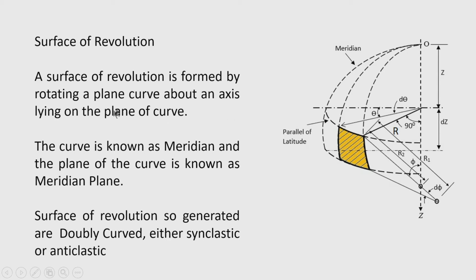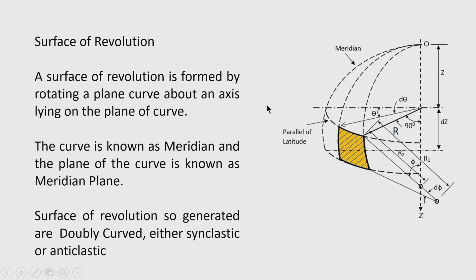The curve that is rotated is known as the meridian. So its technical term is meridian, and the axis of rotation is this, and this type of shell is generally a doubly curved shell, and it is non developable. So this type of shell is stronger compared to a singly curved shell, which has a developable surface.